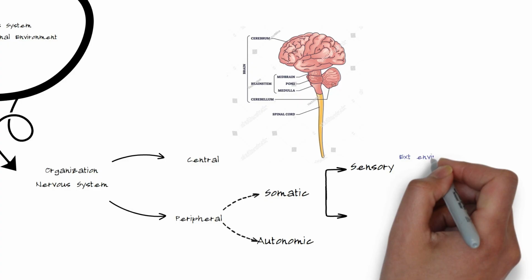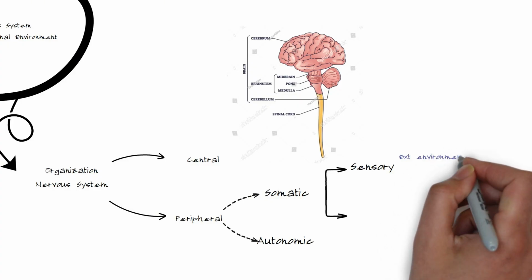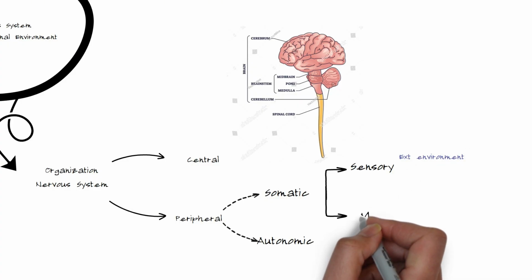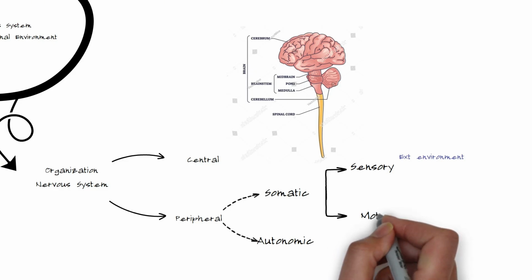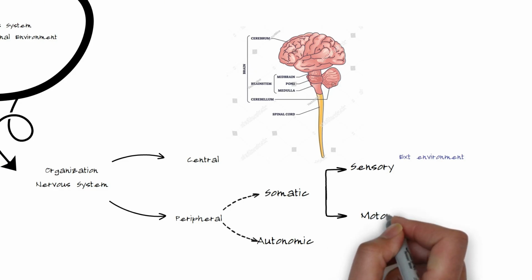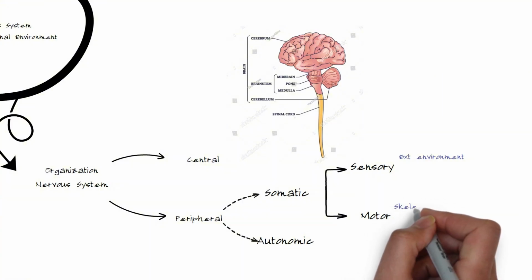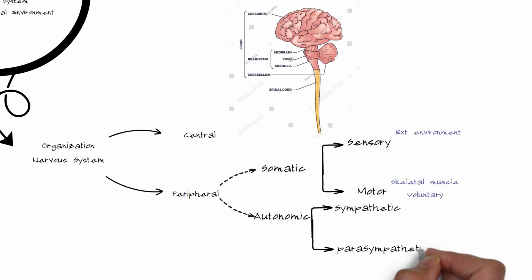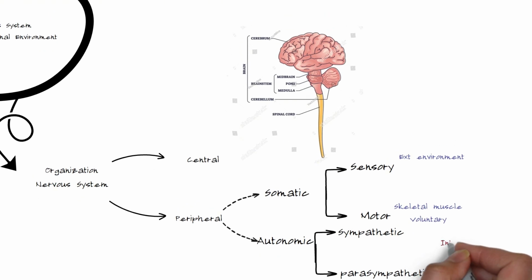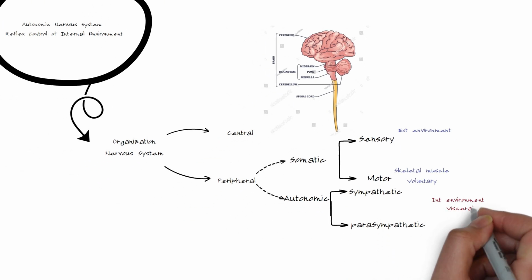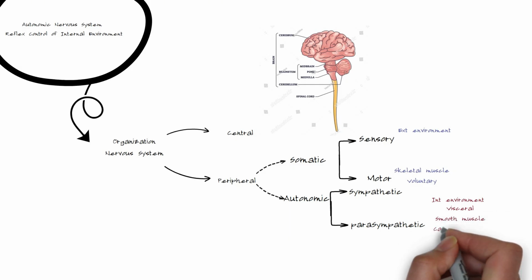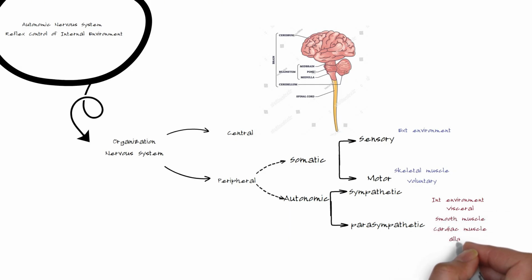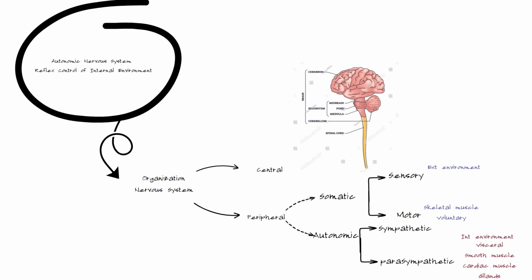The second division is the autonomic nervous system, and it's divided into sympathetic, fight and flight, and parasympathetic, rest and digest. And this is responsible for maintaining the internal environment homeostasis through the sensing of the visceral internal environment and the response by giving an order either to smooth muscle, cardiac muscles, or the gland.